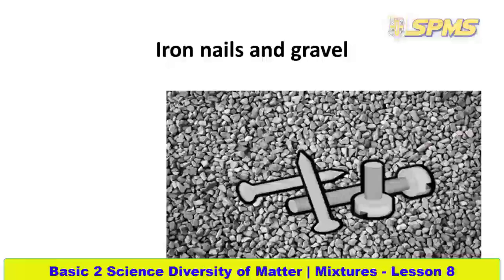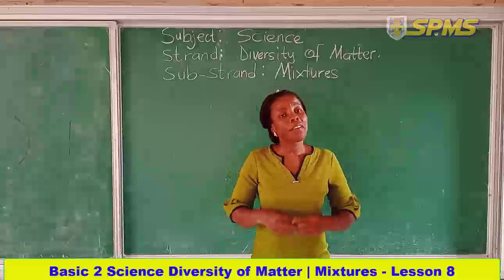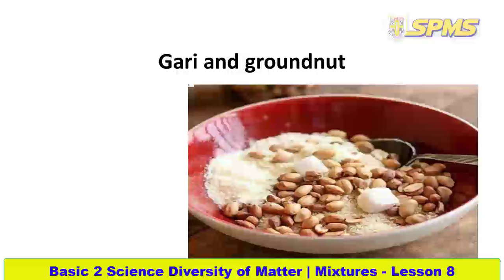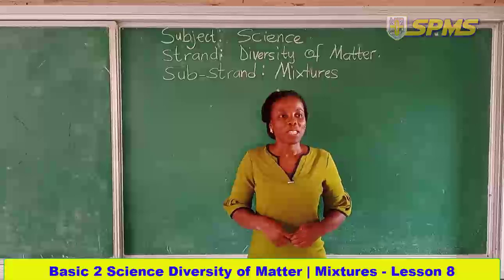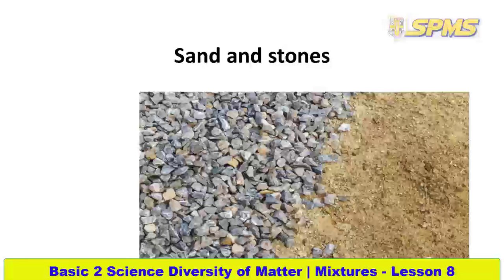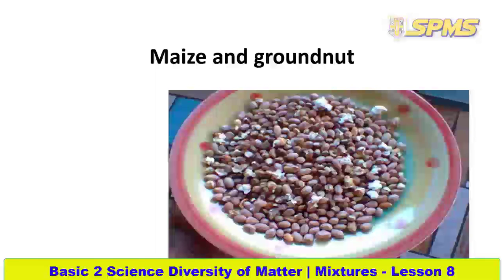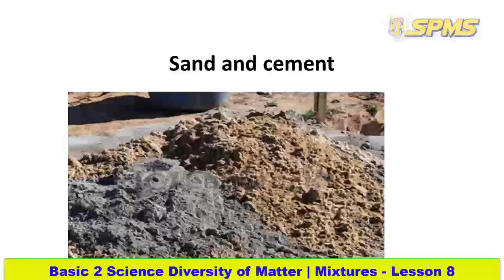You can have iron nails and gravel to give you a solid mixture. Gari and granite. Of course, that one is edible, you can eat it. What again? Sand and stone. And many others, as you can see them on your screen. Good. They are all solid, so we give them the name solid mixture.